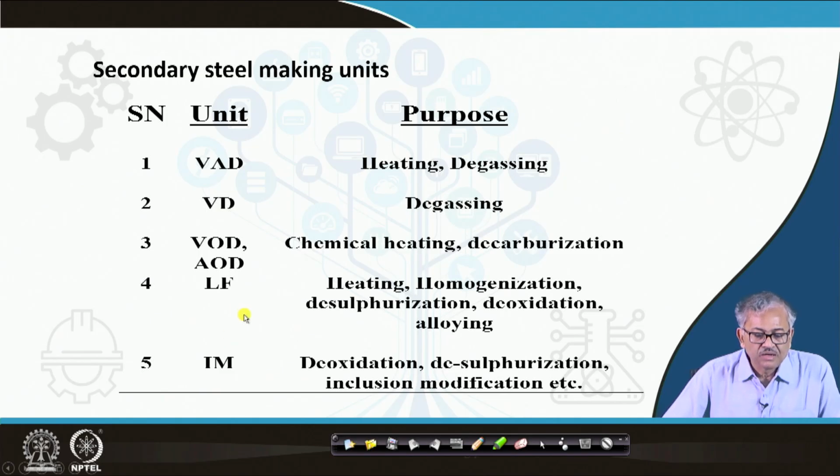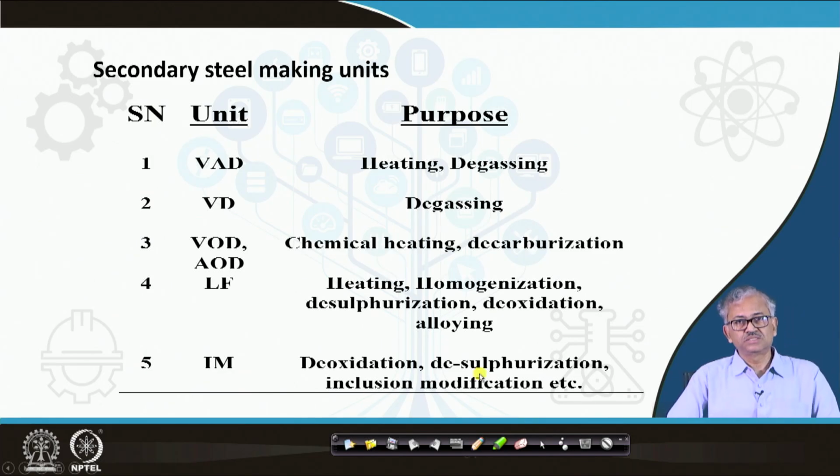And then you have another unit, the IM, this is the injection metallurgy. Here you can do deoxidation, desulfurization and inclusion modification. Basically, injection metallurgy means you can inject calcium powder, different types of calcium powder and different synthetic powders, synthetic slag, and synthetic flux also.